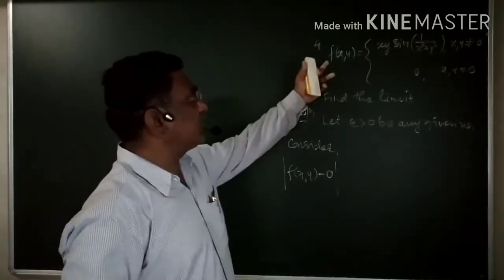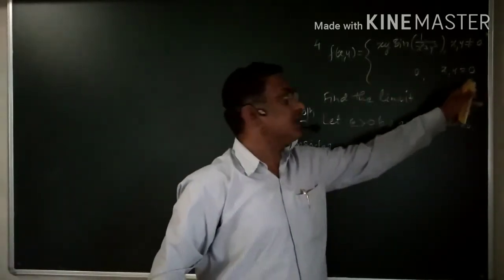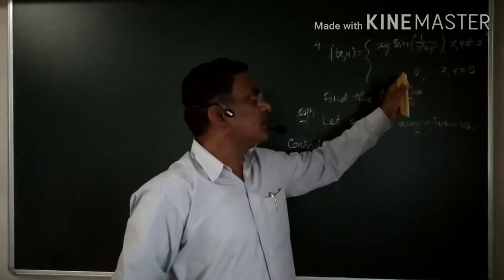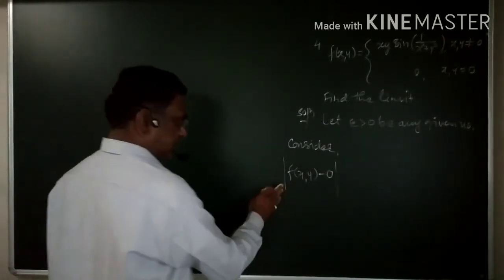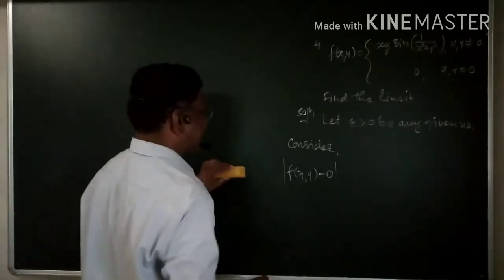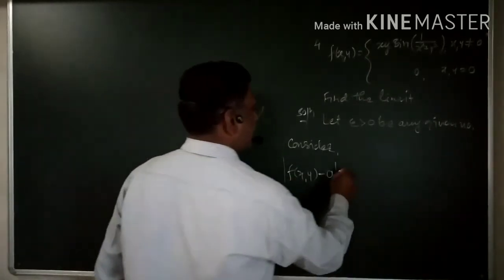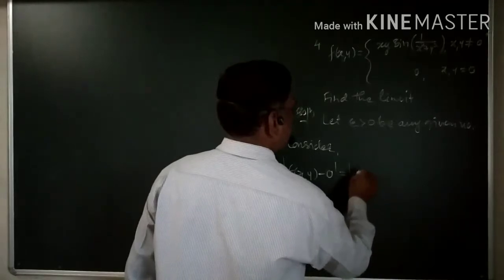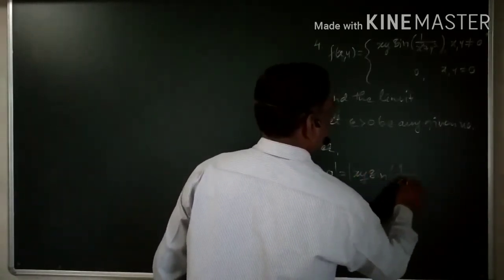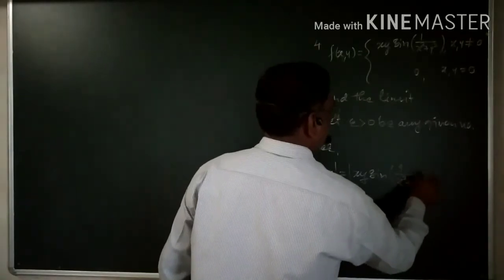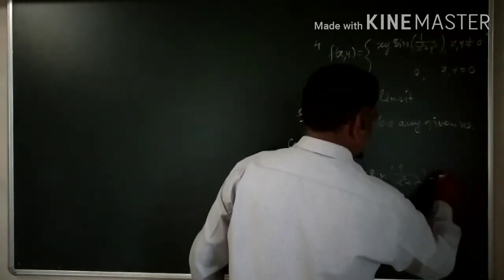Because the value of the given function when x and y are 0 is 0, and therefore its limit should come up to be 0. That we are going to assume or consider first. Therefore it is nothing but x y sine 1 over x square plus y square minus 0.